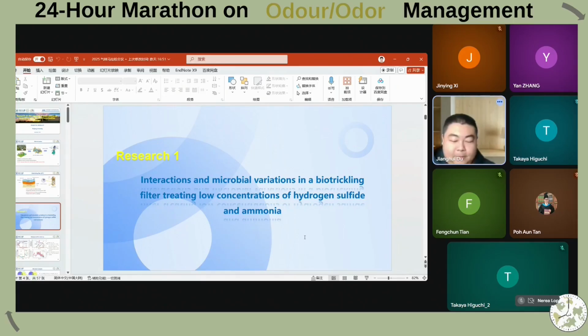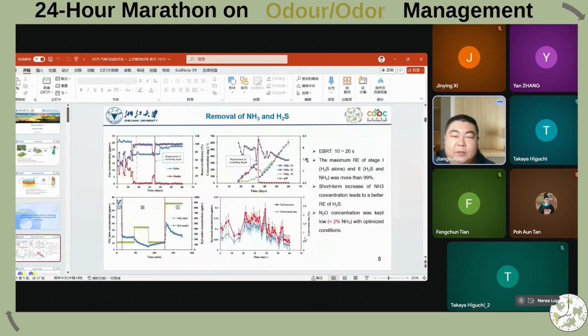This is my first research. We studied the interaction and microbial variations in a biotrickling filter treating low concentrations of hydrogen sulfide and ammonia. With the EBRT at 10 to 20 seconds, the maximum RE of stage 1 and stage 2 was more than 90%.